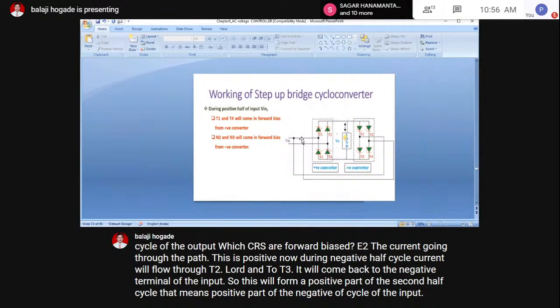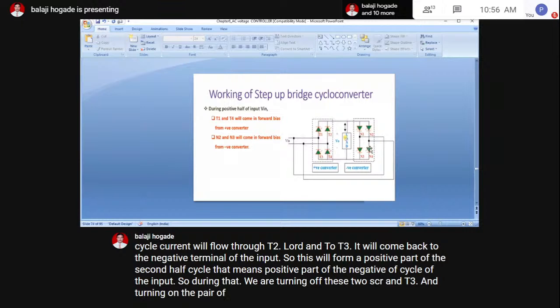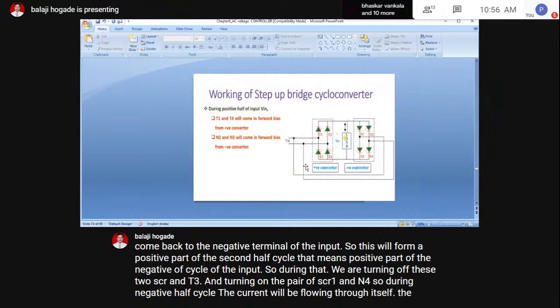So during that, we are turning off these two SCRs T2 and T3 and turning on the pair of SCRs N1 and N4. So during the negative half cycle itself, the current will be flowing through the path this way.